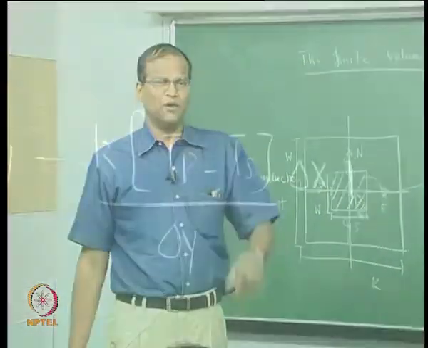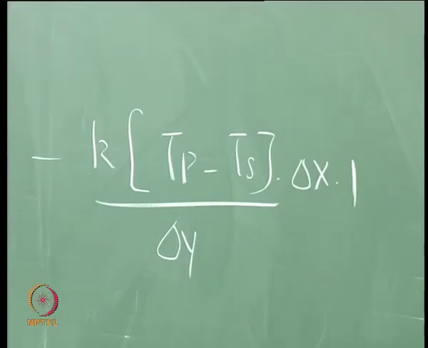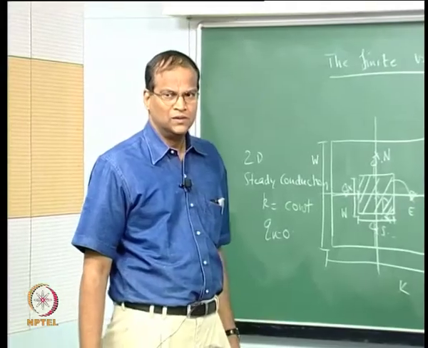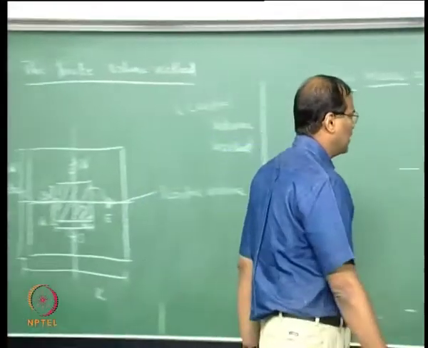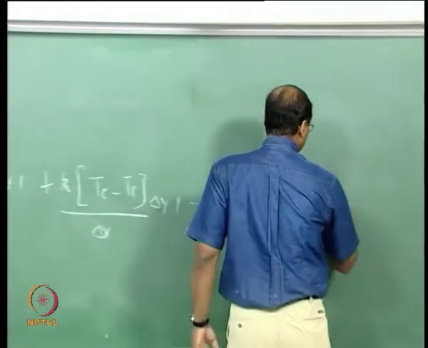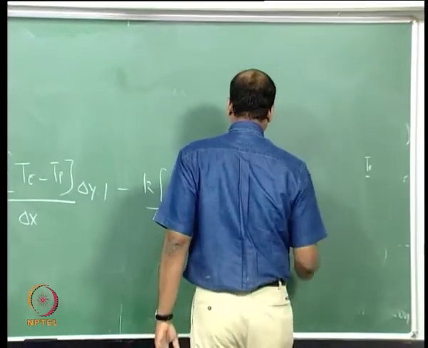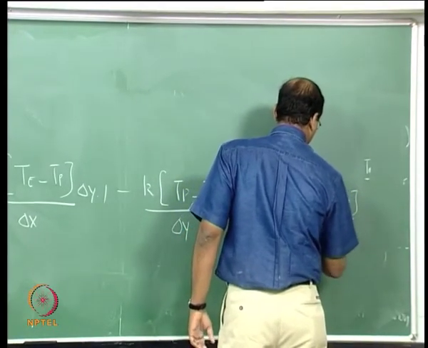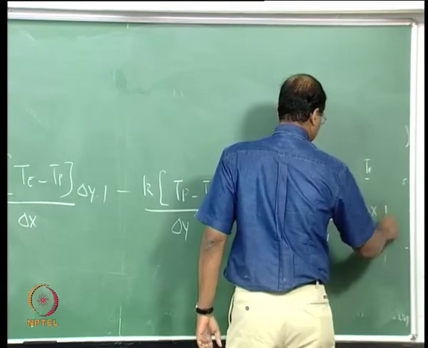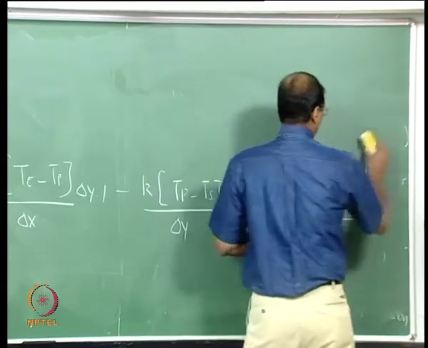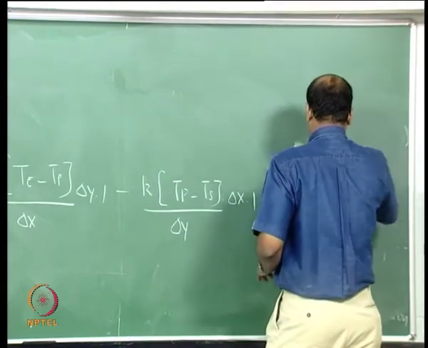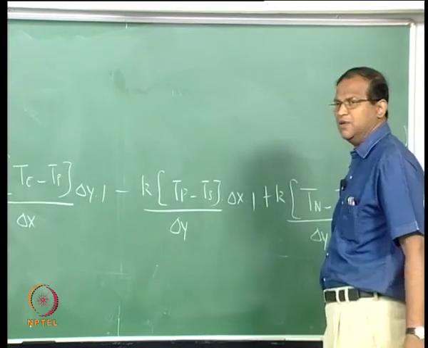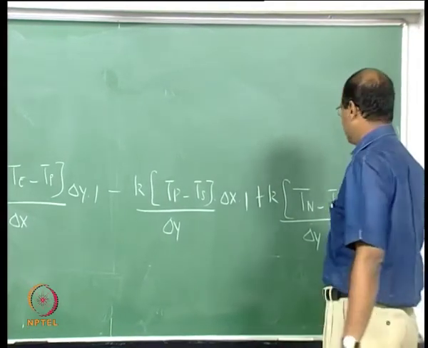The delta x delta y, you know why it is coming, right, plus ... the algebraic sum of all the fluxes equal to 0.